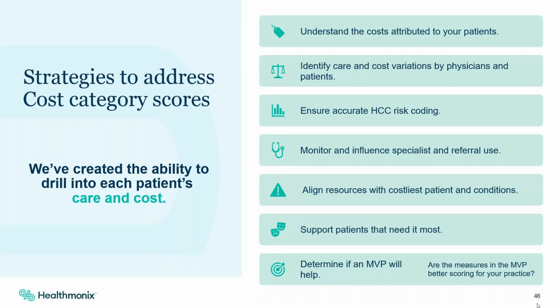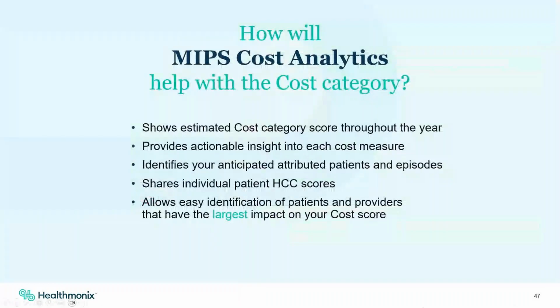And then we can find those variations by sorting and finding the outliers in any category of physician or patient. And then this also allows you to take another look at how the risk coding is going for HCC and see, like we just showed, how a patient's risk can be affected from month to month. So another thing we can do is looking at, sorry, can you go back?